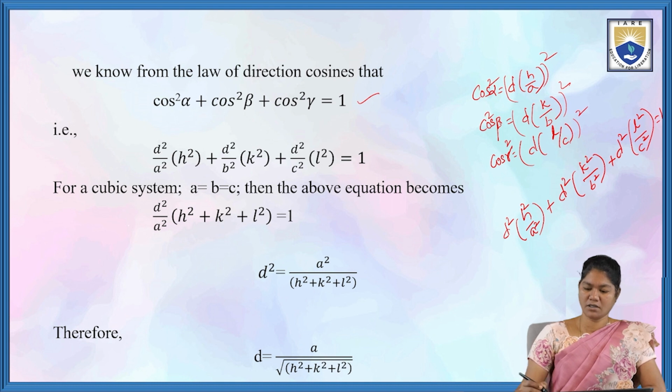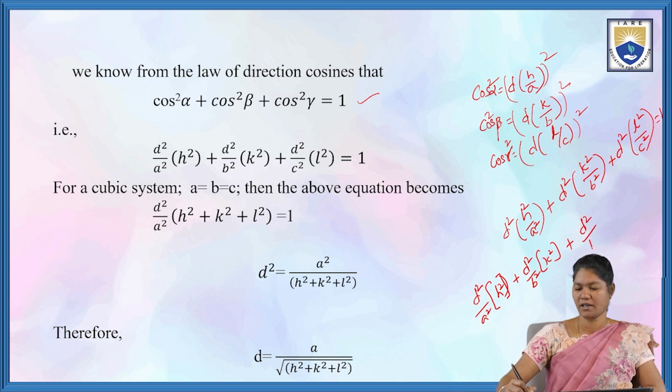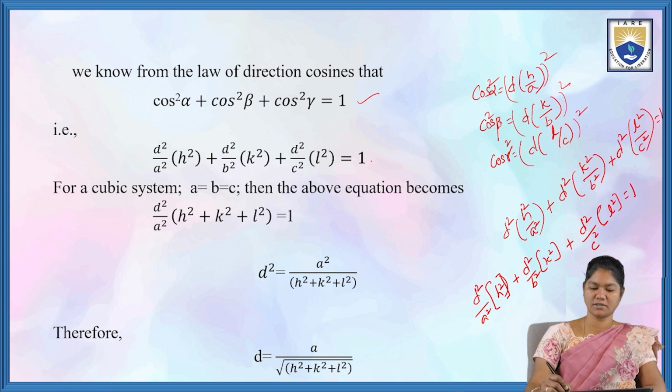So we can write, for simplicity, d square by a square into h square plus d square by b square into k square plus d square by c square into L square is equal to 1.